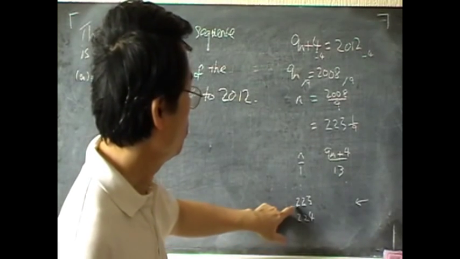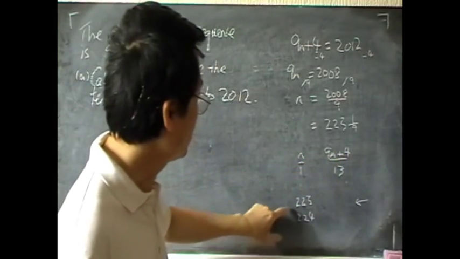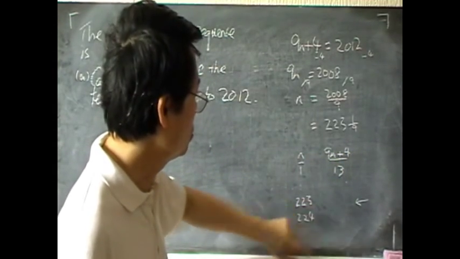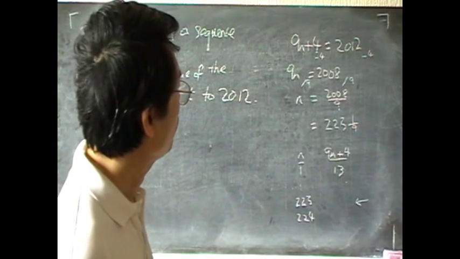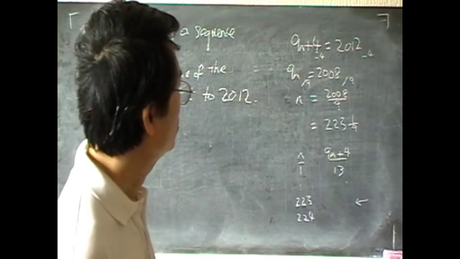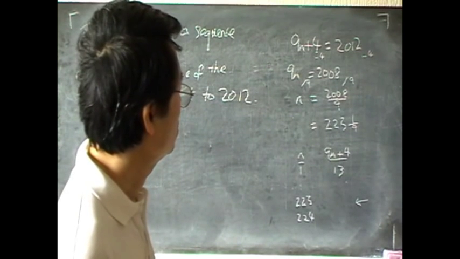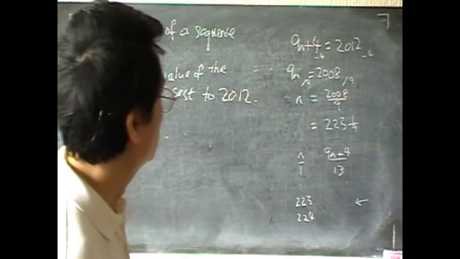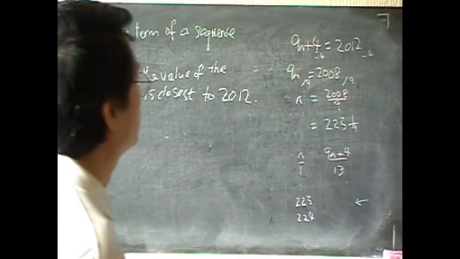Now, we want to find the value of 9n plus 4 when n is 223.